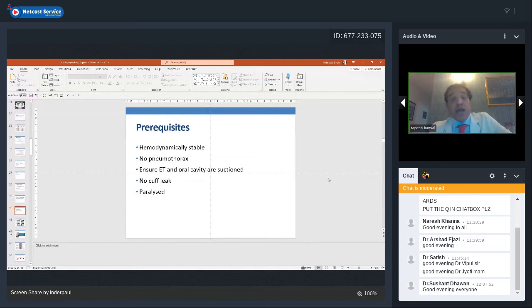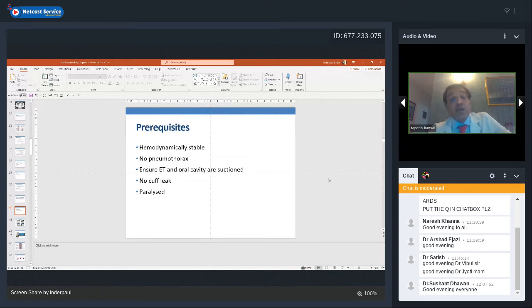Once these alveoli are opened up, then you keep them open with your applied PEEP. Unless you give these high pressures in your recruitment maneuver, these collapsed alveoli which require more inflatory pressures to open up will not open up. That is the concept of recruitment maneuver.